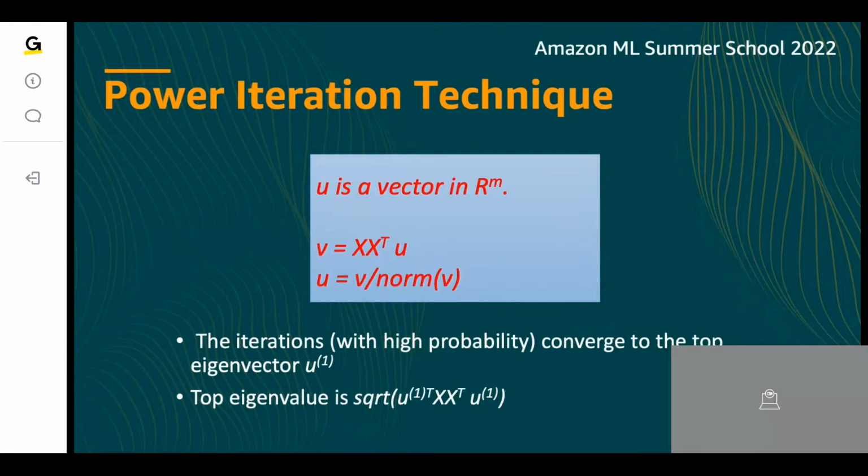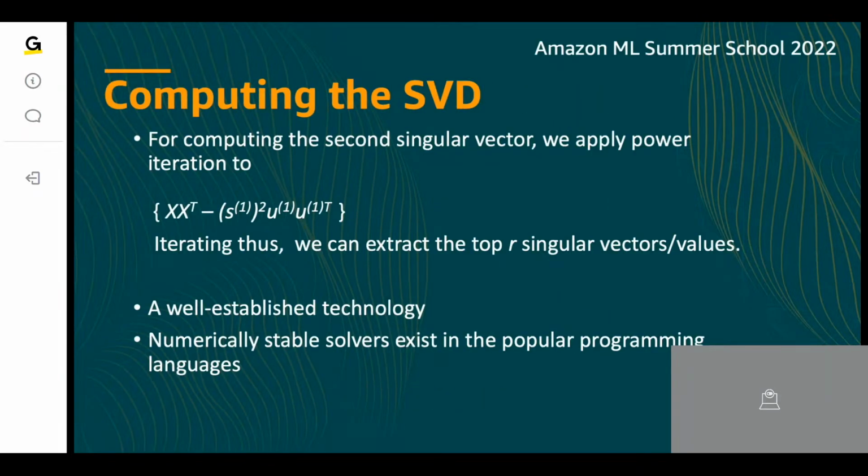In the power iteration technique, you use a vector in R to the power m space, and you realize that V is X X transpose times U. Then you find the eigenvalue, which turns out to be the square root of U transpose X transpose U. Once you have figured this out, you use a numerical technique to get to this particular value.